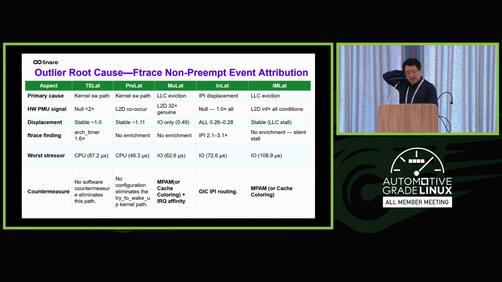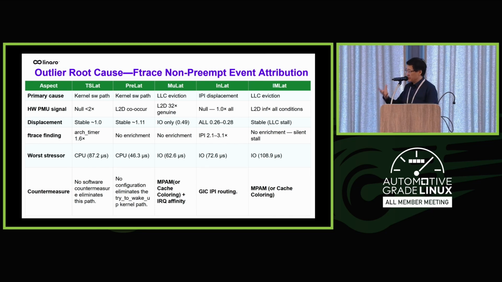The fourth one is interrupt handling latencies. The primary root cause is cross-processor interrupts coming from, say, the memory management subsystem, which potentially sends an inter-processor interrupt to invalidate the TLB.